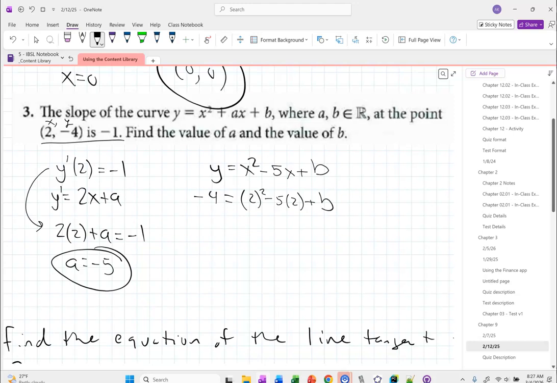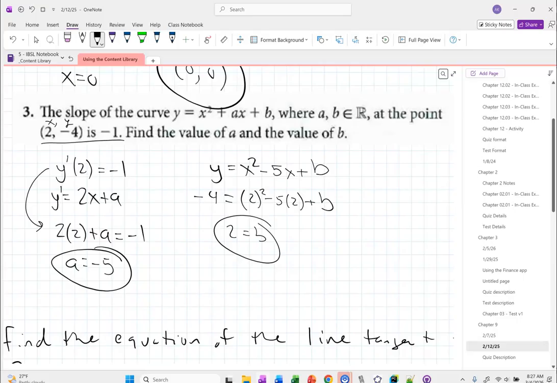So what I have here, 4 minus 10 is negative 6. And then I add that over and I get b is 2. That look good to you guys? We're done.